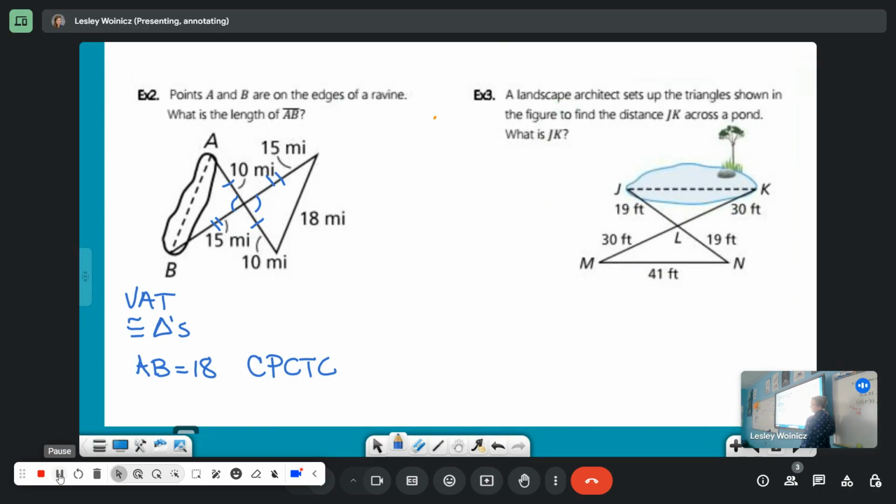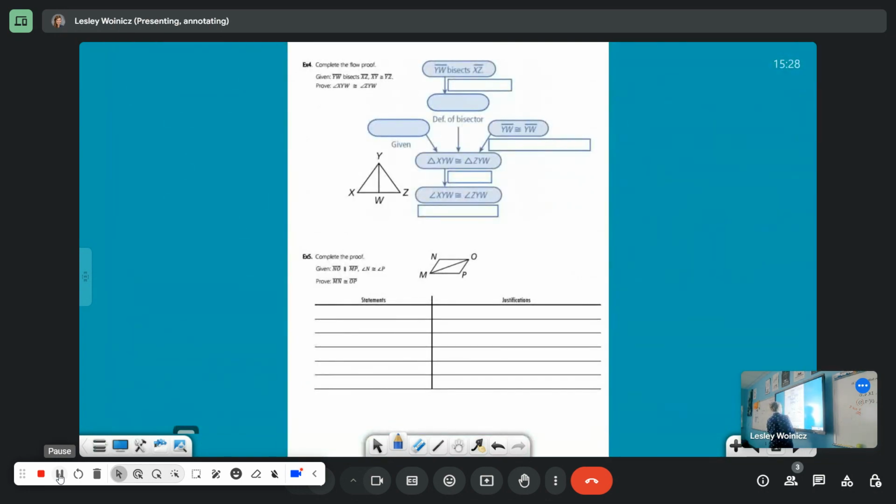Easy peasy lemon squeezy. Do you guys want to do number 3? Where's JK? Yeah, it's 41. Okay, 41 feet. Can you guys try one of these proofs?